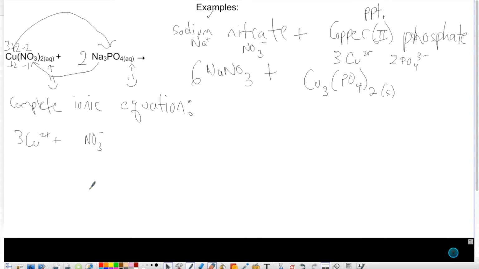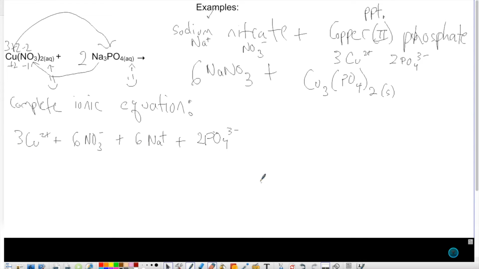Okay, but now I have to figure out how many of them I have. All right, so that's NO3 times 2 times 3, that's 6. Okay, plus 6 sodium ions plus 2 phosphate ions. All right.